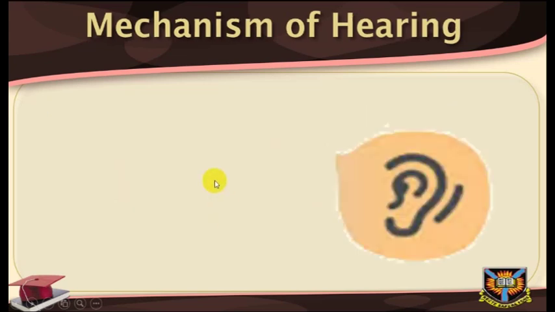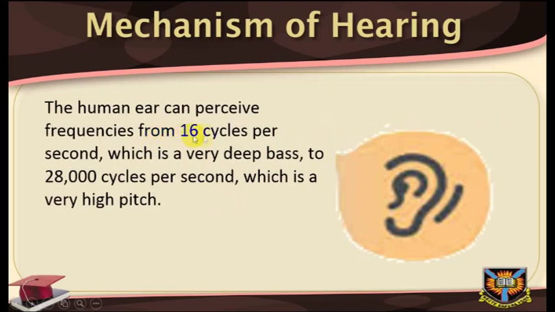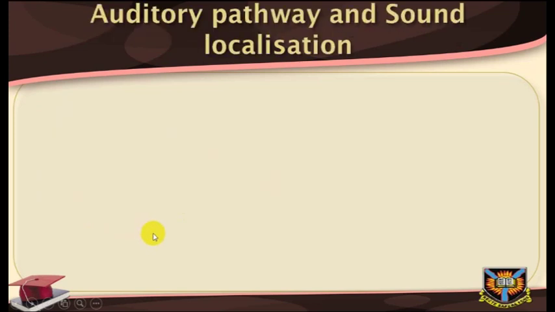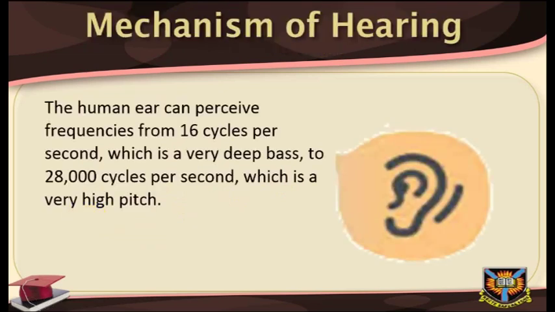The human ear can perceive frequencies from 16 cycles per second, which is a very deep bass, to 28,000 cycles per second, which is a very high pitch. In addition, the human ear can detect pitch changes as small as 0.03% of the original frequency in some frequency ranges.